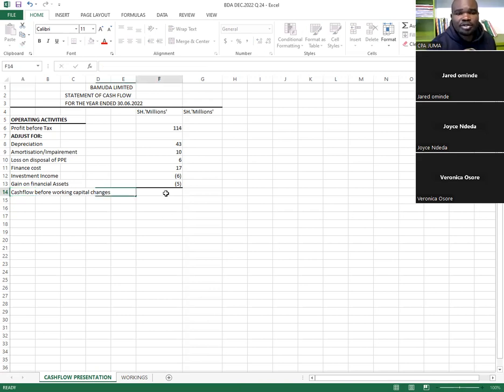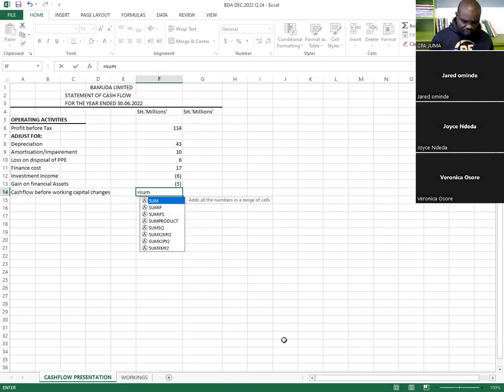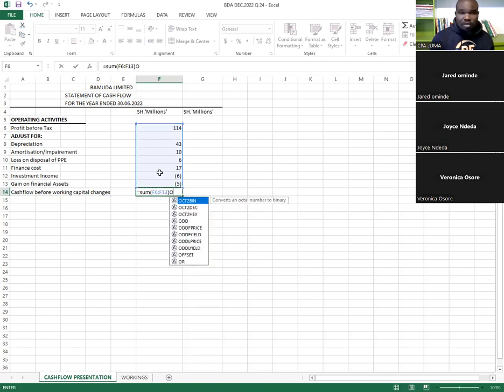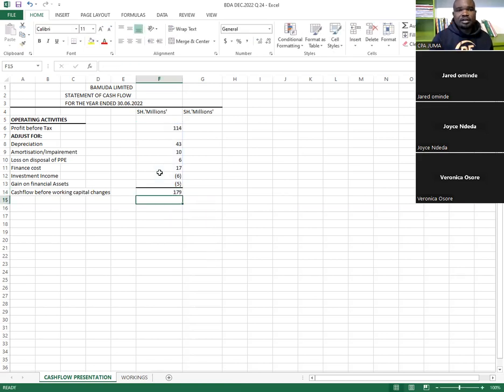So before working capital changes, I said you don't do it in the calculator, you fix it. You have to formulate, which I will say is equals to the sum. So sum in brackets, then I drag from top up to there. Then I will close that, then I enter. So the cash flow before working capital changes, that is 179.